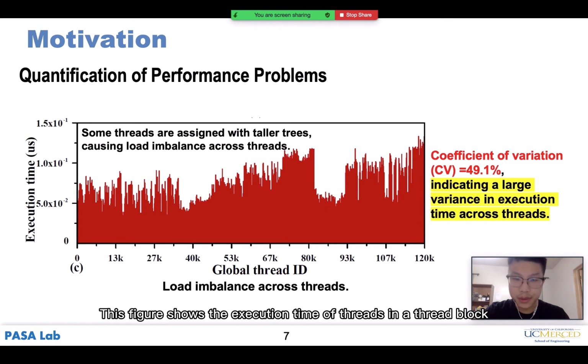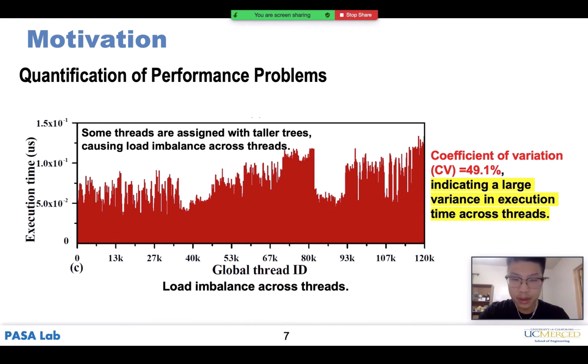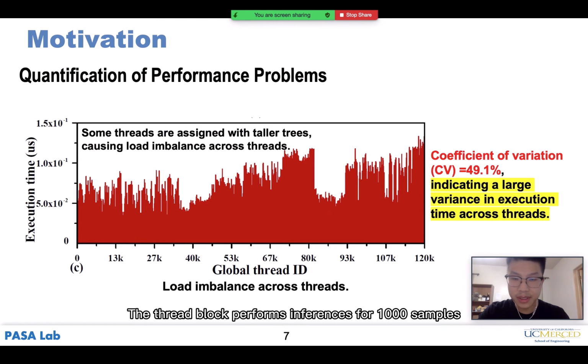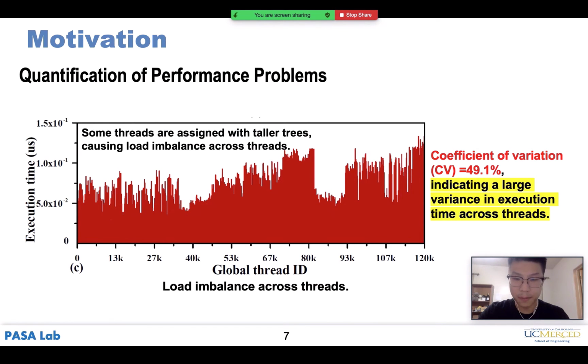The figure shows the execution time of threads in a thread block. The thread block performs inference for 1,000 samples. We use the coefficient of variation to quantify the variance. The CV equals almost 50%, indicating a large variance in execution time across threads.